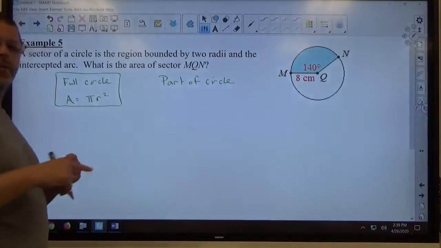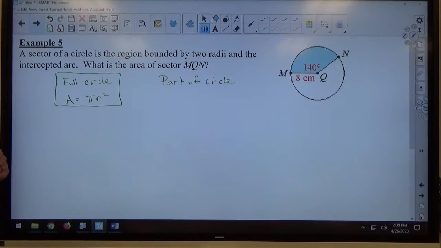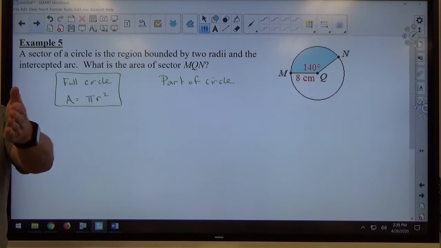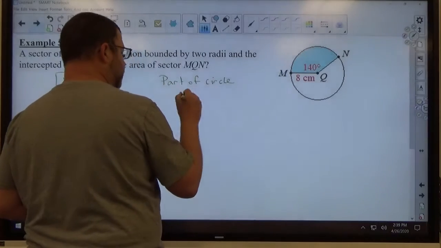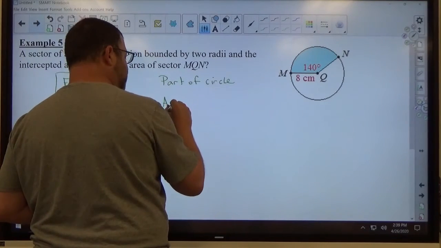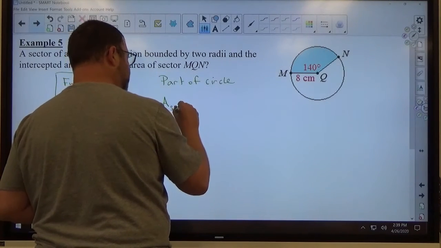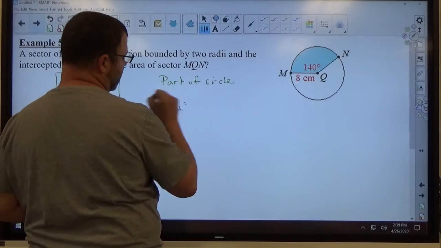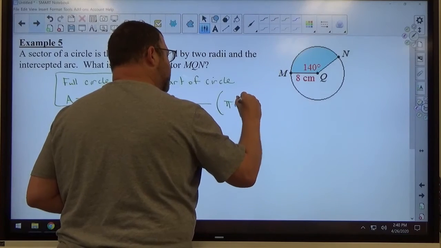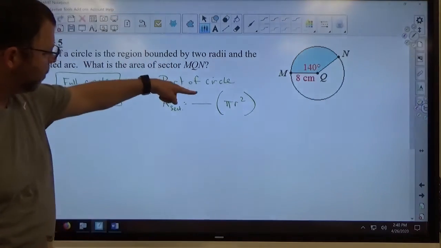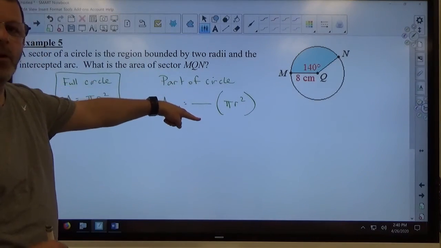And just like we did with the length of the arc, we multiplied the whole formula times the portion of the circle we're dealing with. We're going to do the same thing here. So to find the area of a sector, we put A sub sect. It's going to be a fraction times pi r squared. And the fraction is the part of the circle we're dealing with divided by the whole circle.